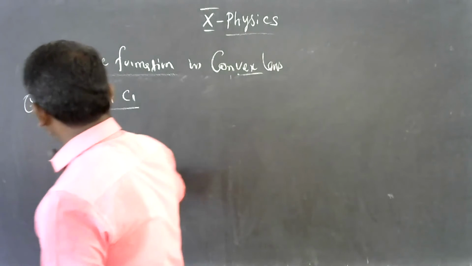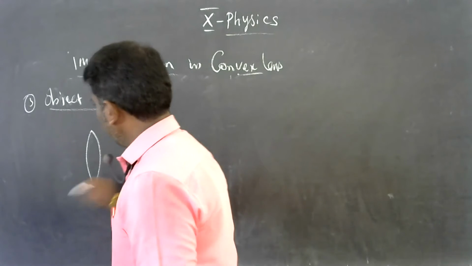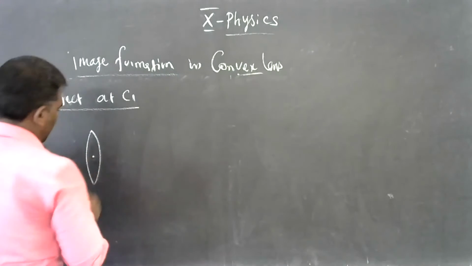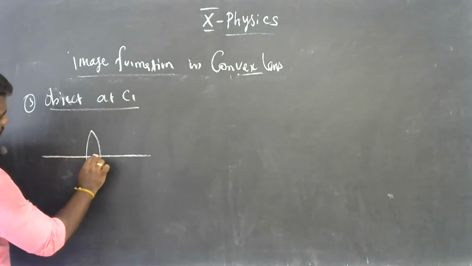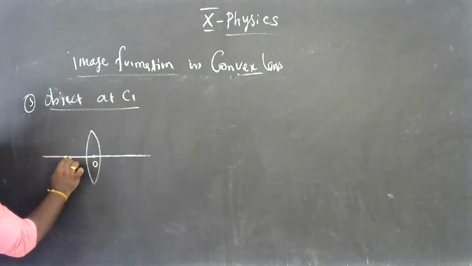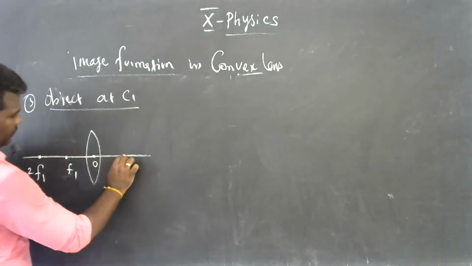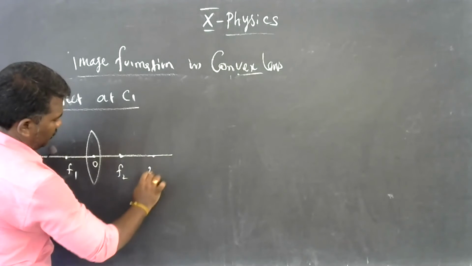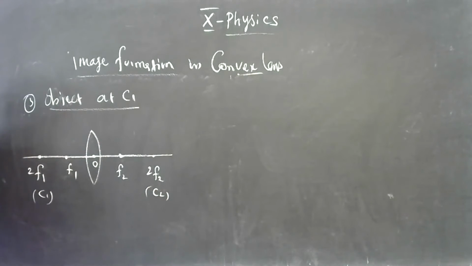In that case, convex lens, optical center, the principal axis, F1, 2F1, F2, 2F2 or C2, and F1 or C1.